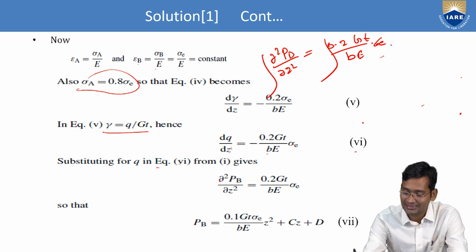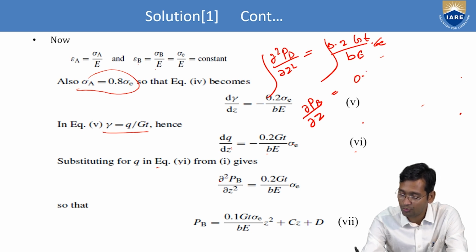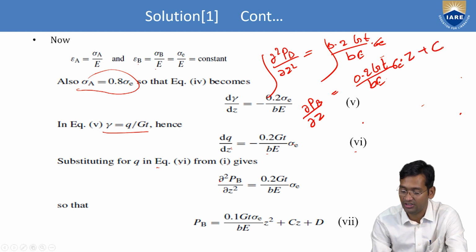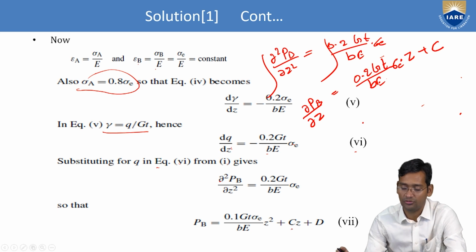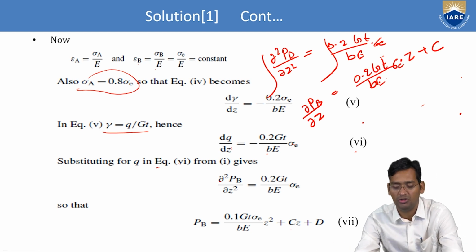This is just constant. So after integrating, one power will get reduced and we will get del PB by del z equals 0.2 GT by BE into sigma E into z plus another constant C, that integration constant. Anything you can take, A and B also.